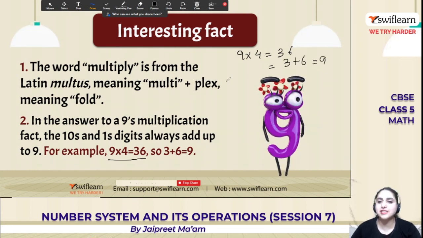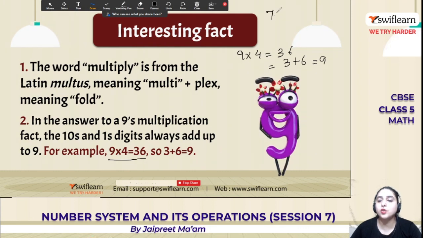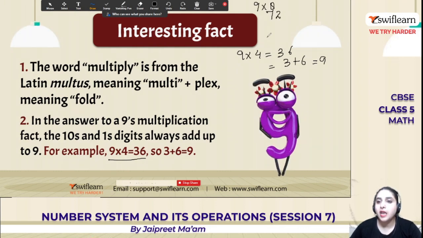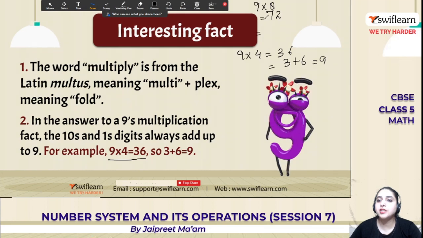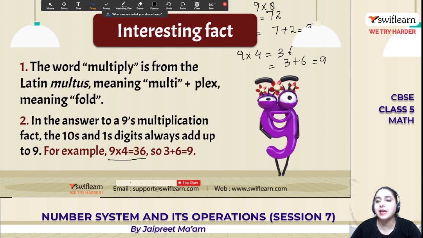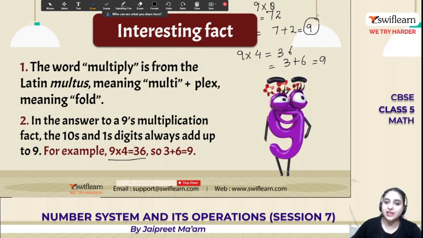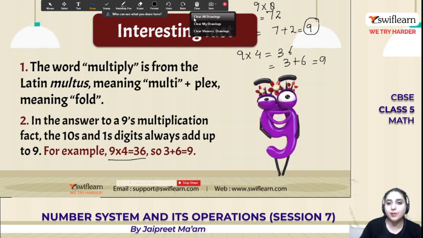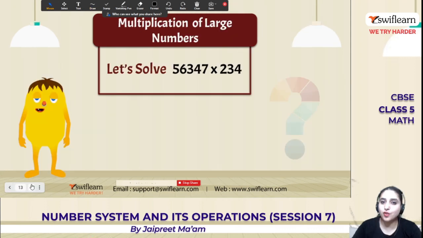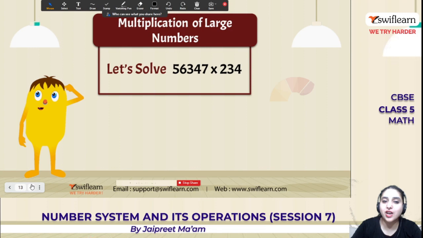Let's take another example. 9 times 8 is 72, right? If we do the digit sum of 72, that is 7 plus 2, it will make 9. So the answer is 9. Whenever you multiply any number by 9 and you do the digit sum, the answer will be 9. Okay? And you can check whether your answer is correct or wrong.